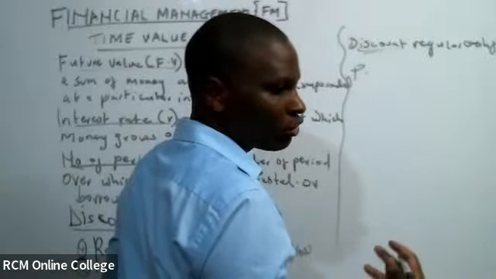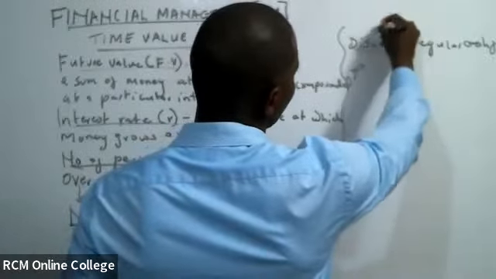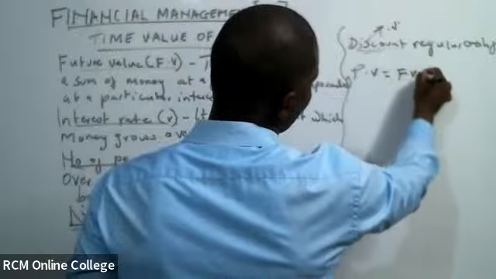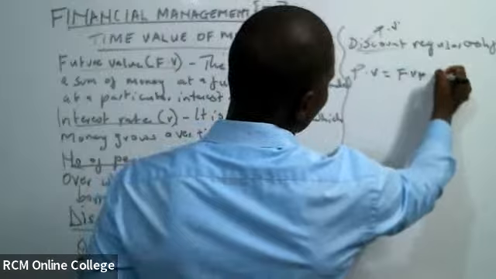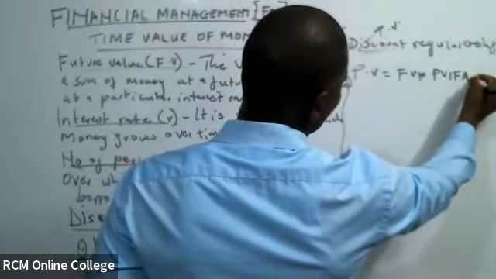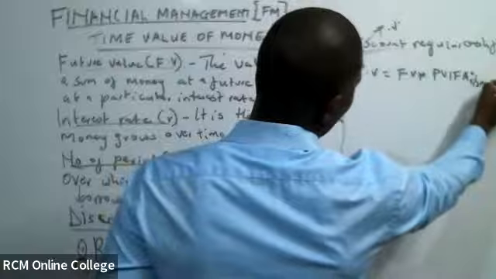Compound means the examiner wants the future value. So the present value will be given by future value times PVFA, at R% and n years.